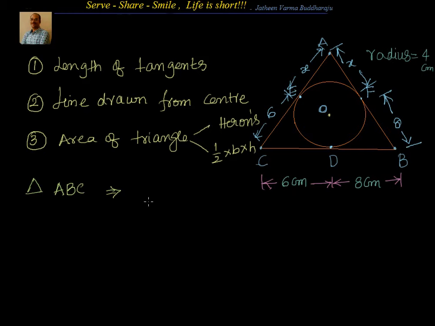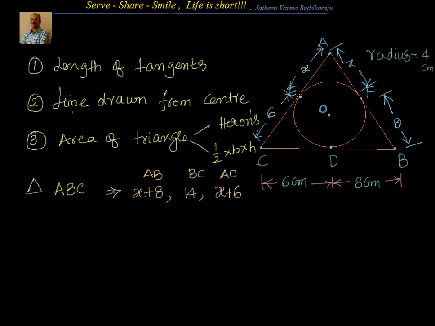The sides are AB equal to X plus 8, BC is 14, and CA or AC is X plus 6 centimeters. So we have AB here, then we have BC, we have AC.